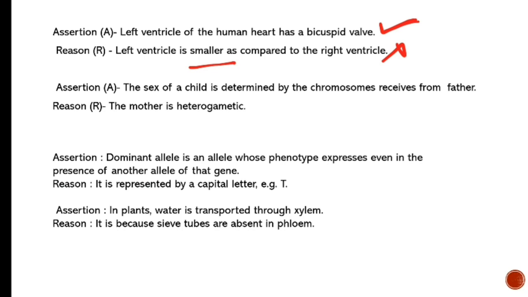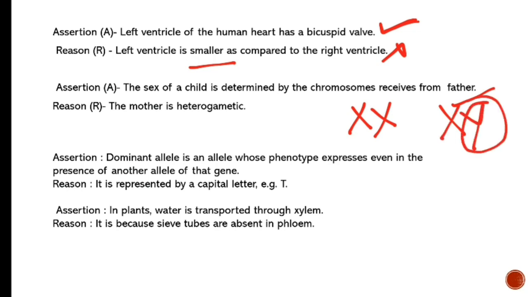Assertion: the sex of a child is determined by the chromosomes received from the father. Reason: mother is heterogametic. Okay, so here they say that the sex of a child is determined by the chromosomes that is received from the father, which is true. So whenever you see, the female carries XX and the male carries XY chromosome, and this Y chromosome is responsible to decide the gender.